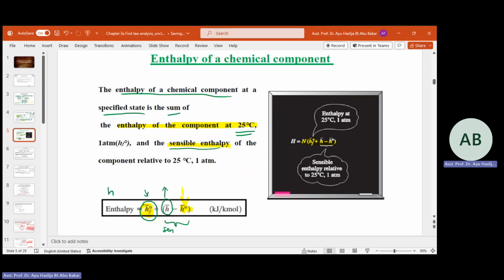Semua ni sensible heat, the heat produced from the process. Okay, the H plus ni adalah heat at specific temperature at T. H naught, this one is heat at STP.